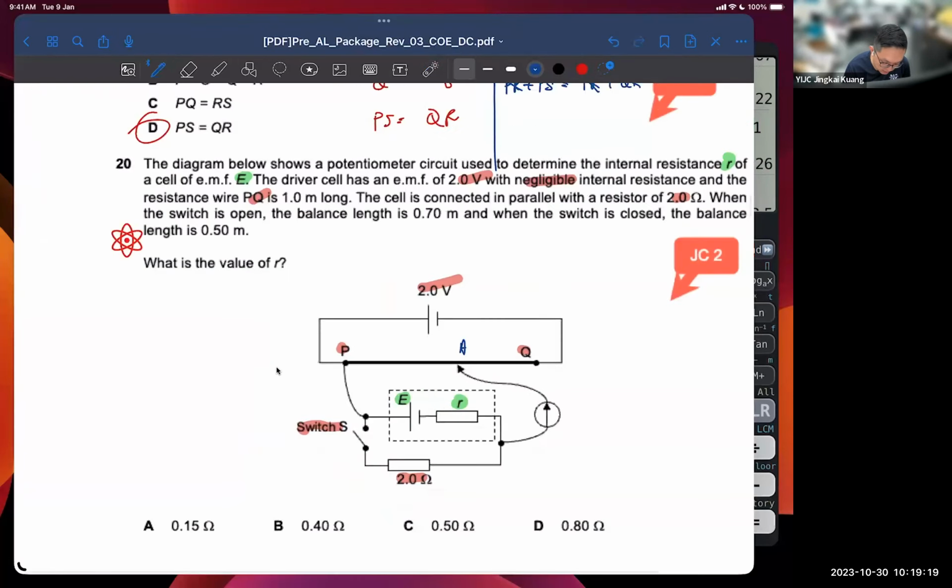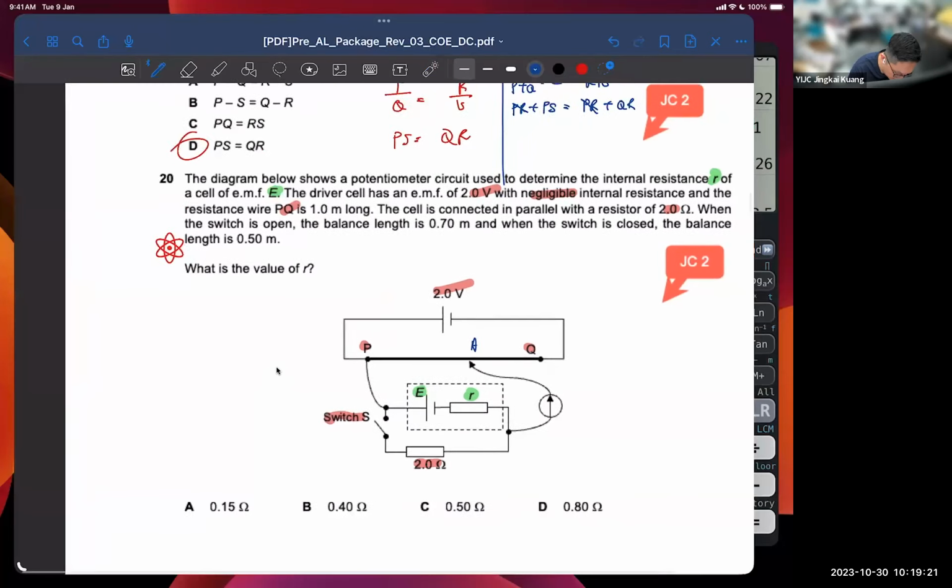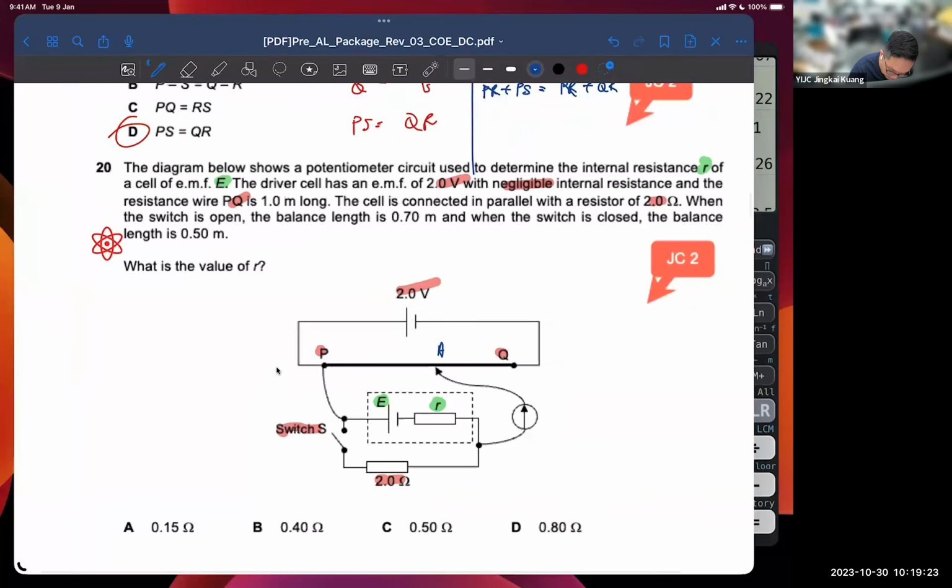When the balance length L is equal to 0.70 meters, I can calculate VPA. This is just 0.70 divided by 1.00 times 2 volts. So I get 1.4 volts.